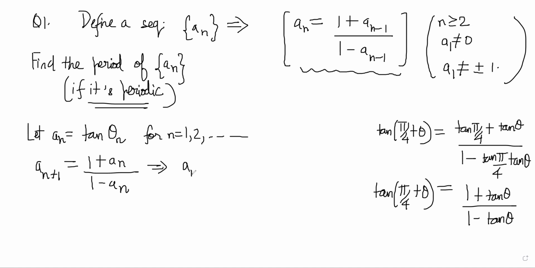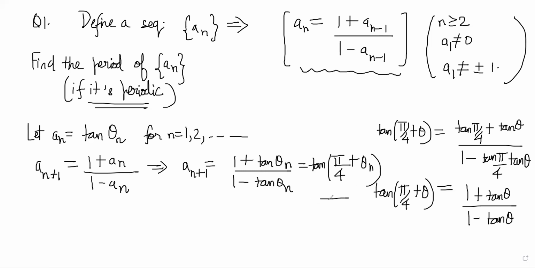So we get a_{n+1} is equal to (1 plus tan theta_n) by (1 minus tan theta_n), which is the same as saying tan of (pi by 4 plus theta_n), right?